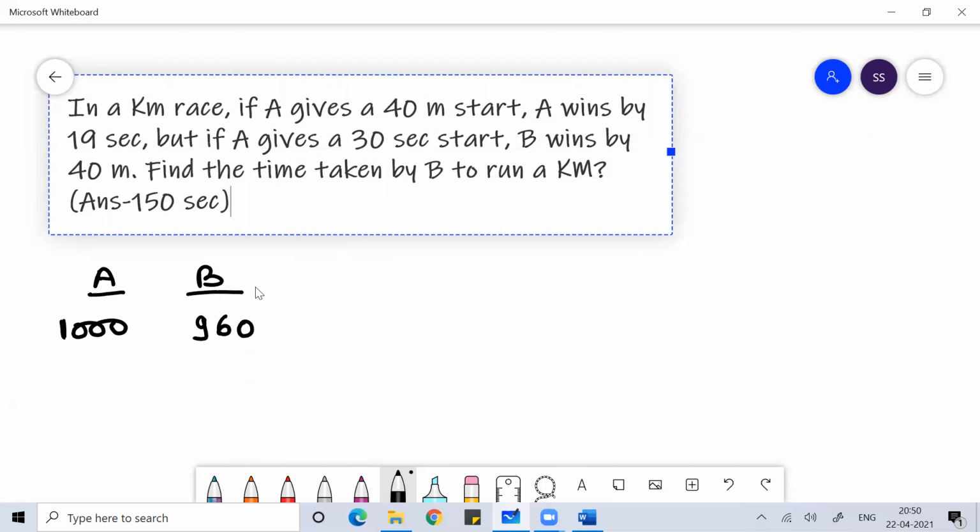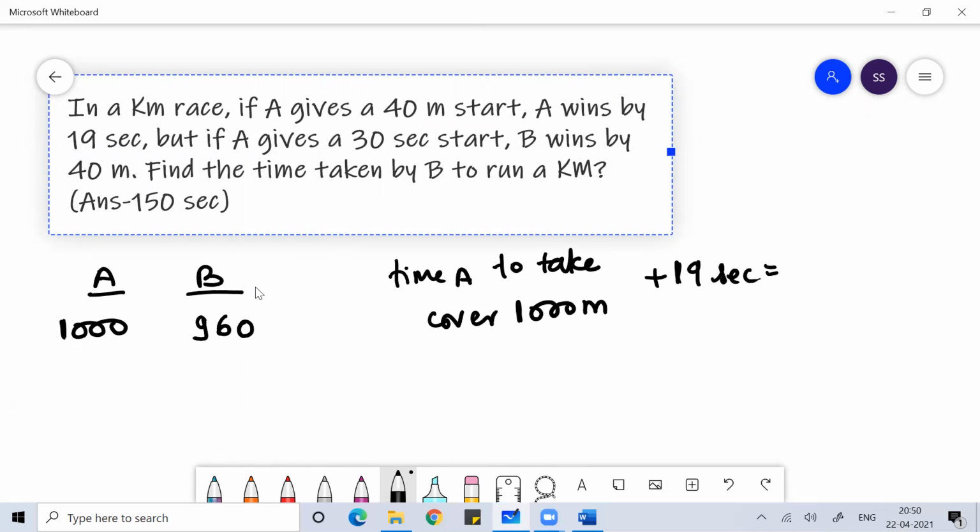It means the time A takes to cover 1,000 meters is 19 seconds less than the time B takes to cover 960 meters.